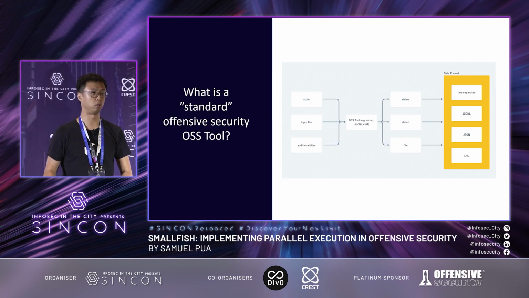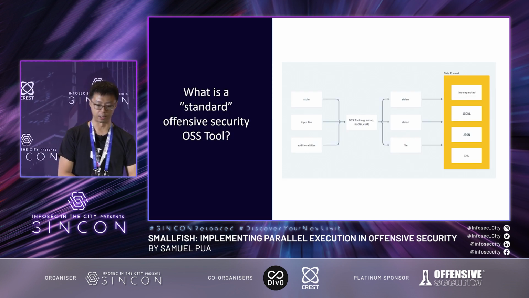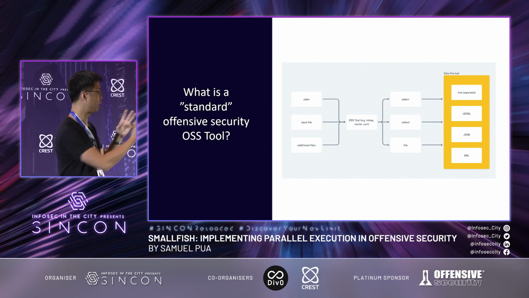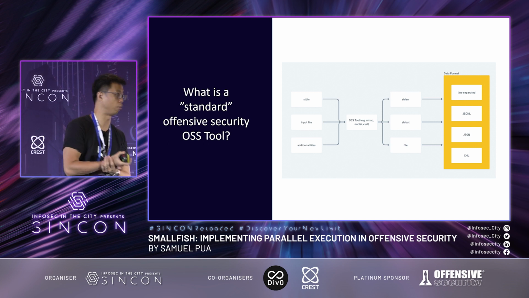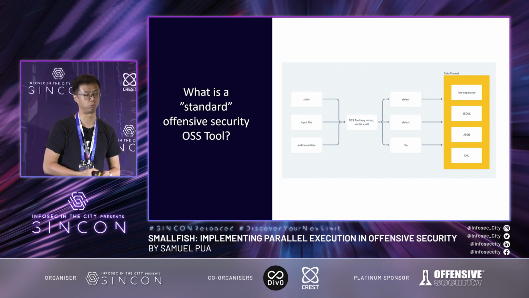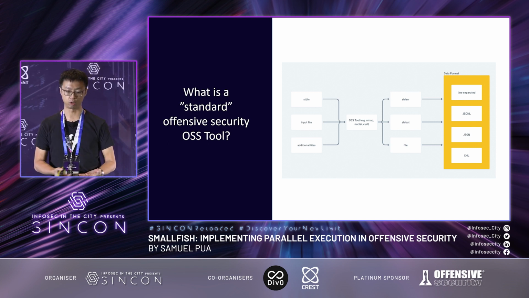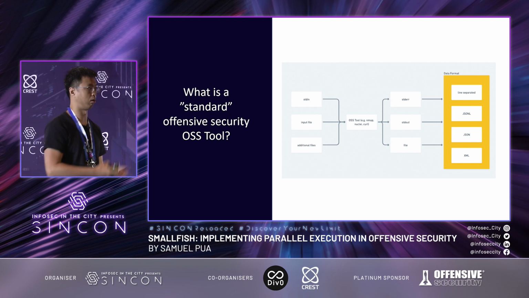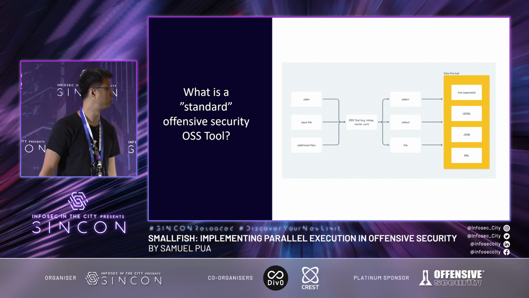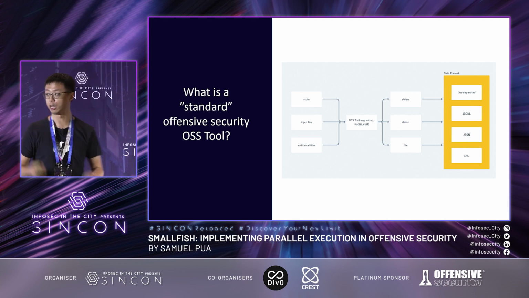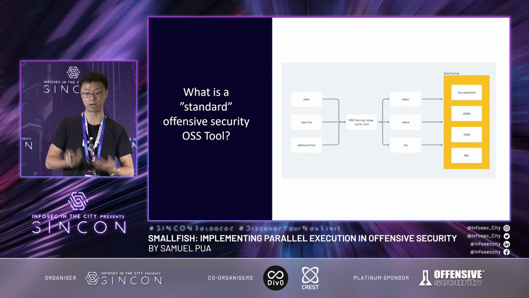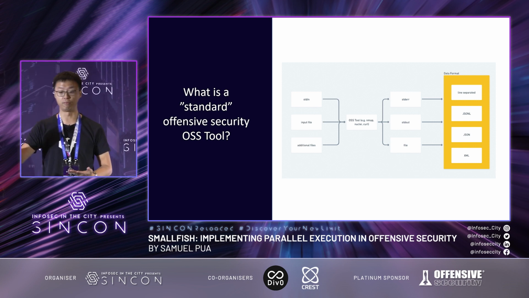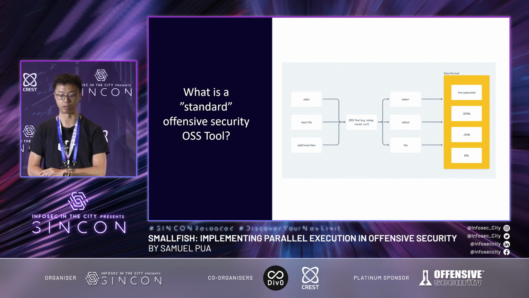Before we go deeper into what the requirements for the tool are, I kind of naively built a model of what a standard offensive security OSS tool might look like. This could be any other CLI tool, really. For an OSS tool, or open source software, or any command line interface tool, you essentially have standard in and input files, and additional files that the tool might use, like word lists, configuration files, or any other types of files.